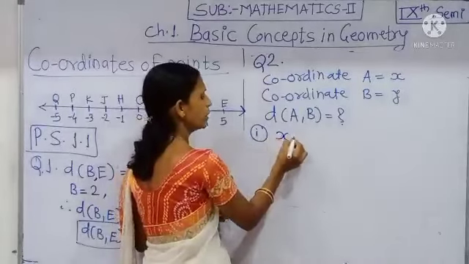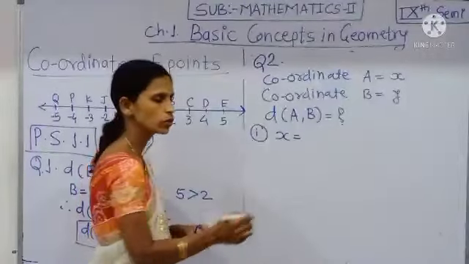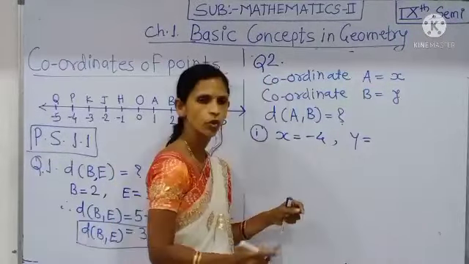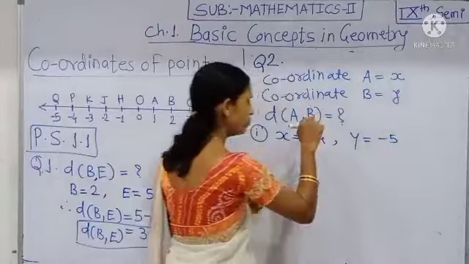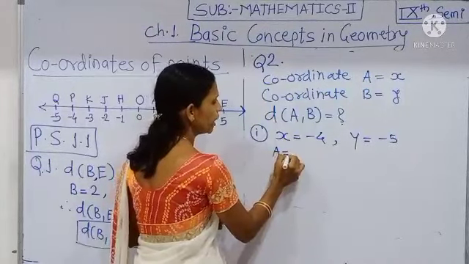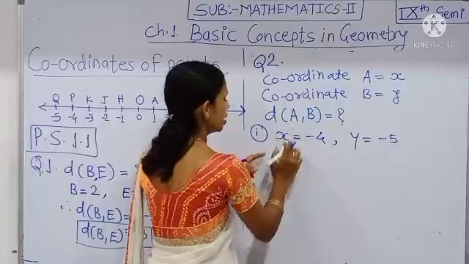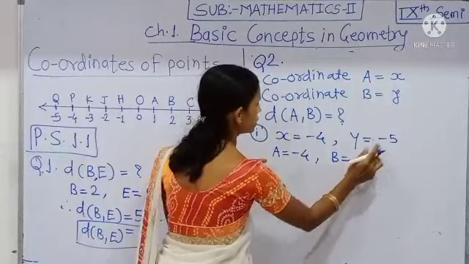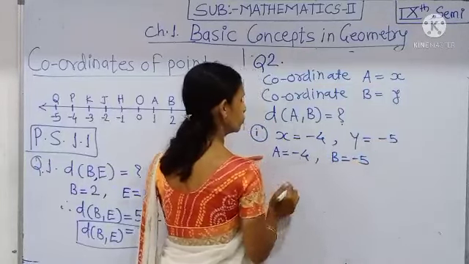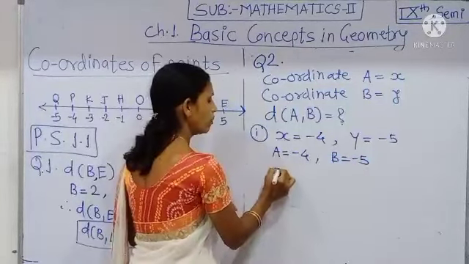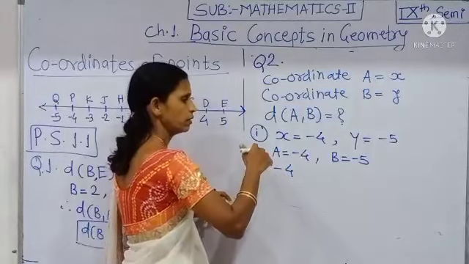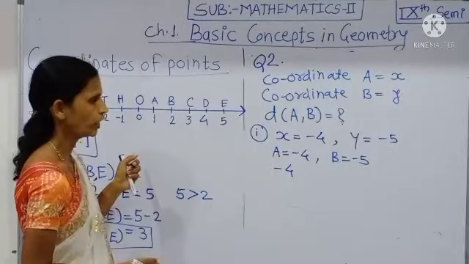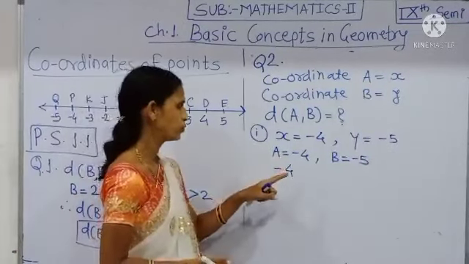One example is given here. x is equal to minus 4 and y is equal to minus 5. That means the coordinate of A is minus 4 and the coordinate of B is minus 5. Here minus 4 is to the right of minus 5. See here, minus 4 is on the right side of minus 5.